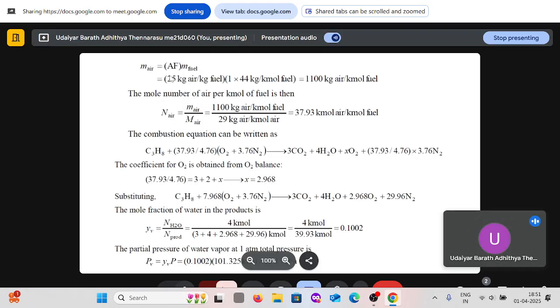Since the air fuel ratio is given, and air fuel ratio is nothing but the mass of air divided by the mass of fuel, it is 25 kg of air per kg of fuel. If you consider 1 mole of fuel, there is 1 mole of propane. Propane molar mass is 44, so the mass of fuel is 1 times 44, mole times molar mass. That times 25 gives 1100 kg of air per kilomole of fuel.